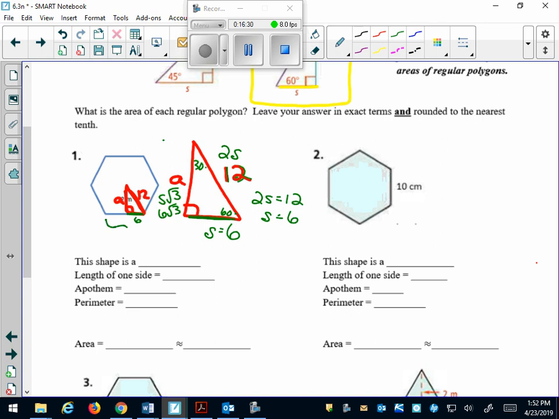What does that make the whole length of the side of the hexagon? 12. Each side, yeah, perimeter would be 72, right. Okay, so this shape is a hexagon. The length of one side is 12. The apothem is 6 root 3. Perimeter then, 6 sides, each one is 12. 6 times 12 is 72.